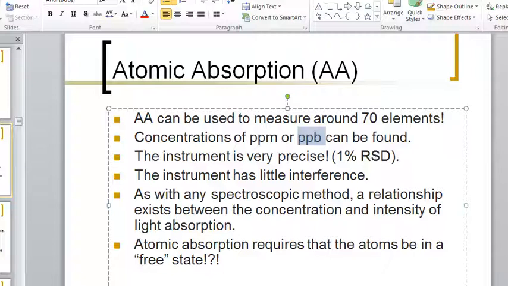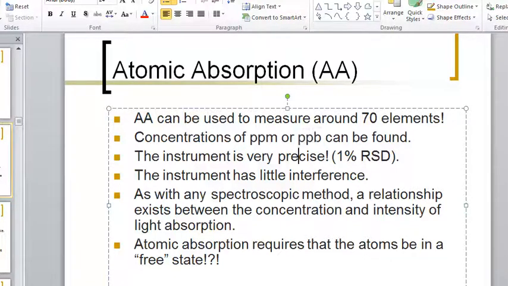That's how small it can go, super tiny levels under the proper circumstances. Most of the time in the field of AA, we are looking at the parts per million level, not parts per billion. And we have another machine that does parts per billion level a little easier now.